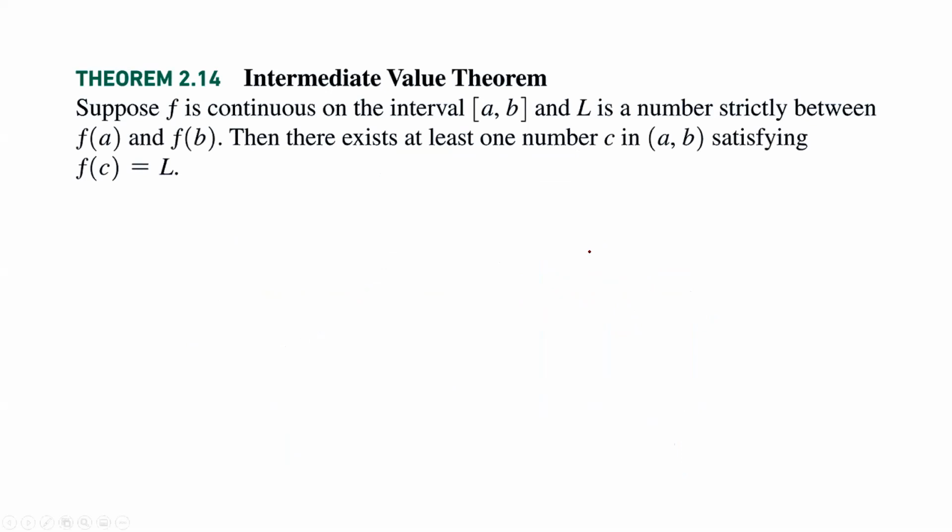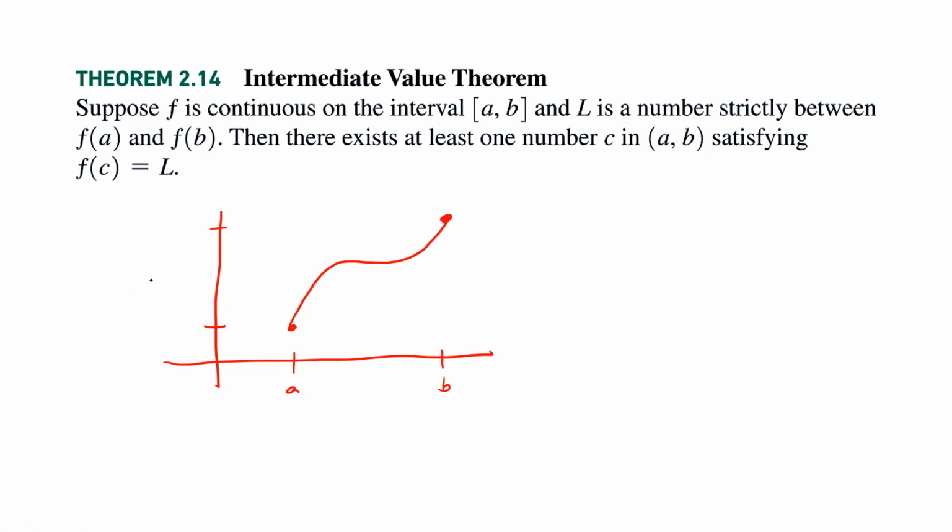And the way we state it, it says, suppose f is continuous on the interval from A to B, and L is some number that's between f of A and f of B. Then there is at least one number C in the interval AB where f of C equals L. Right? So again, it's just saying that if I've got some function that's continuous on the interval from A to B, okay, its graph has to look something like that.